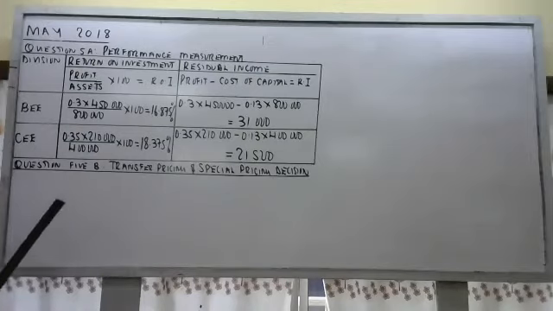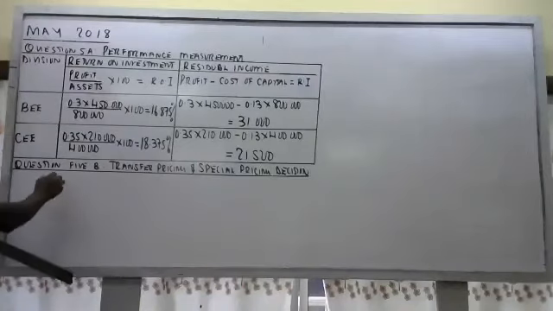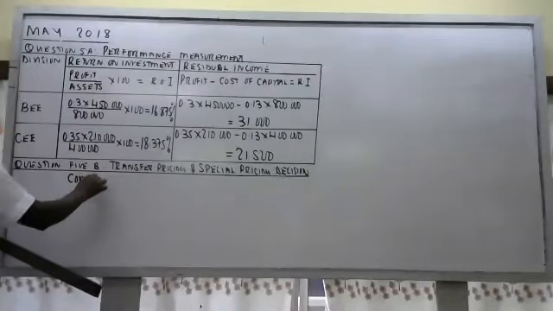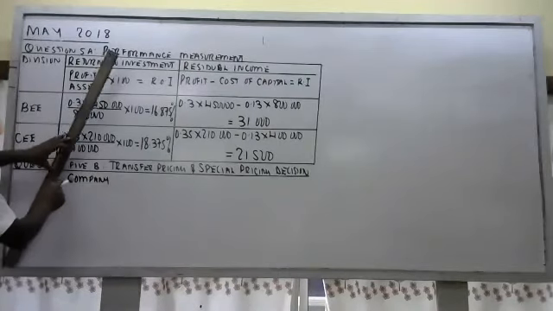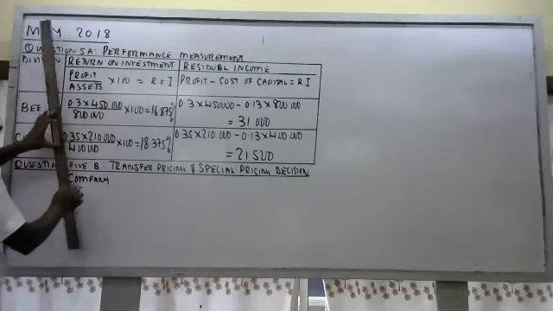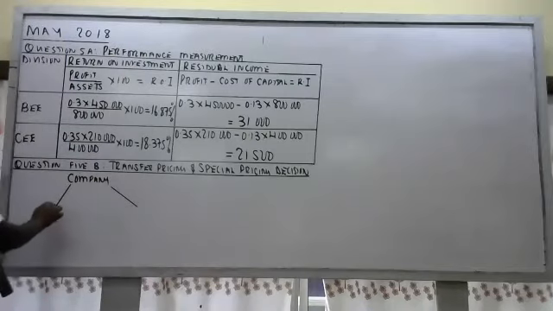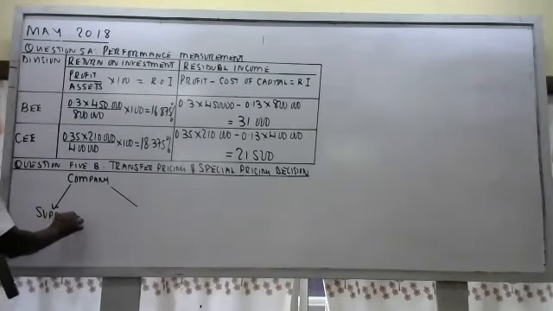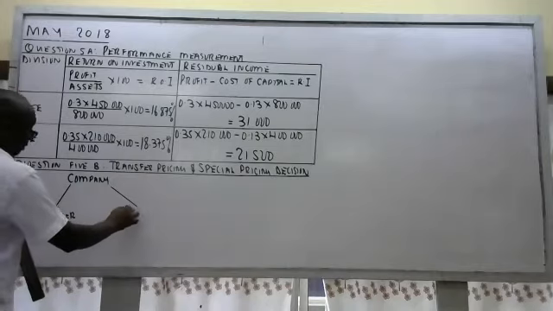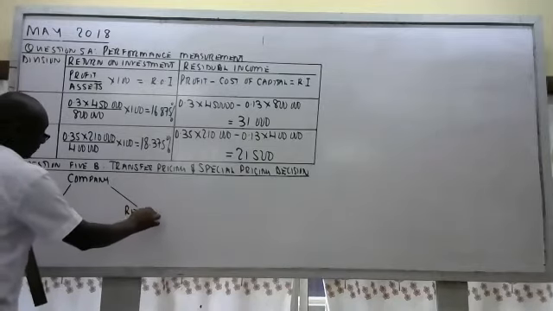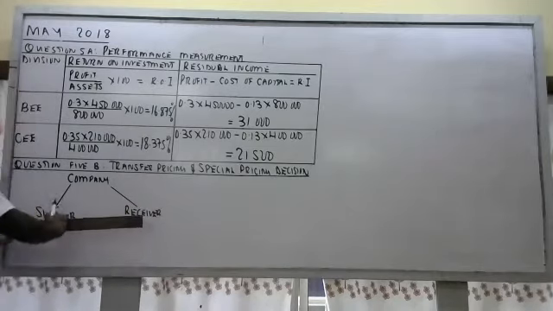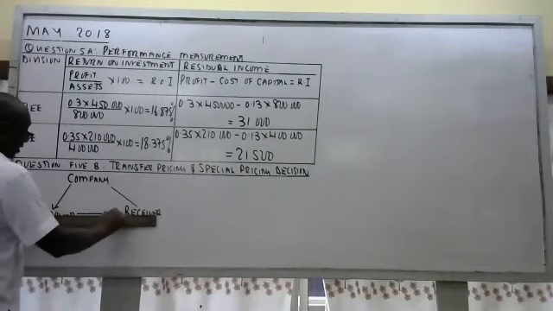So in this case, you know so well, when we talk about transfer pricing, we normally have the company. And then we have who we call the supplier or the supplying division. And we have someone known as the receiver. So the goods are being transferred there.